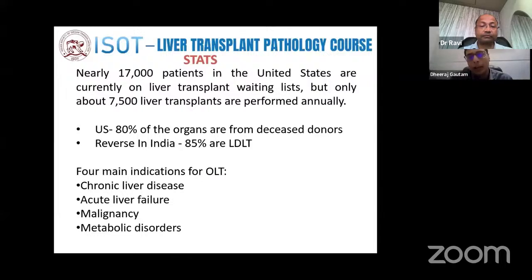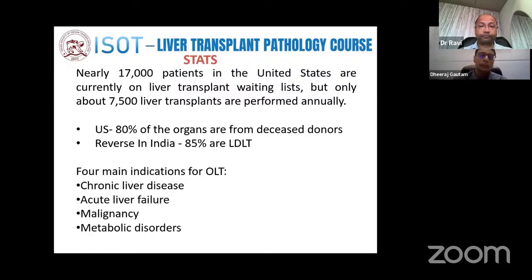And what are the stats? Why this liver transplant is so important is nearly 70,000 patients in the United States are currently on the liver transplant waiting list, but only 7,500 liver transplants are performed annually. There's a reverse scenario between US and India.